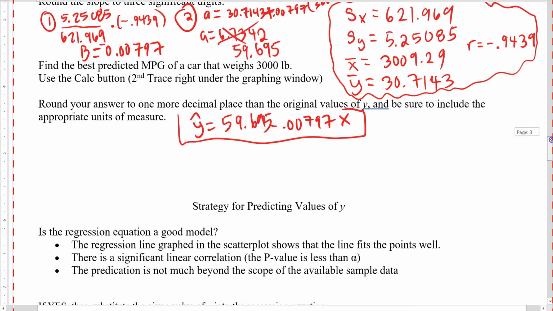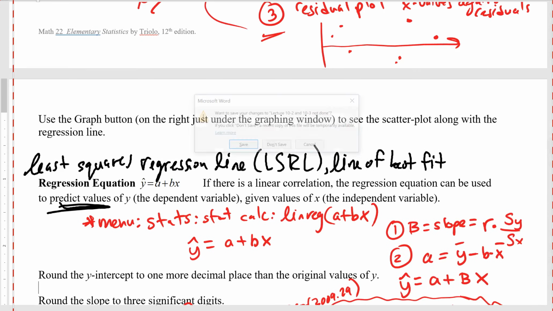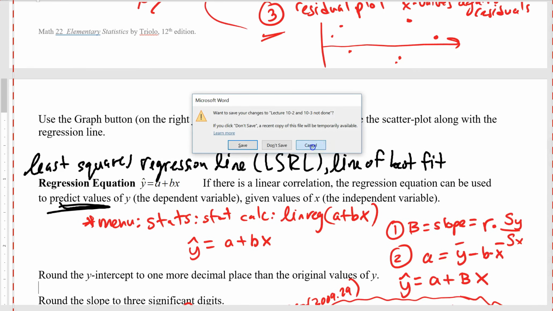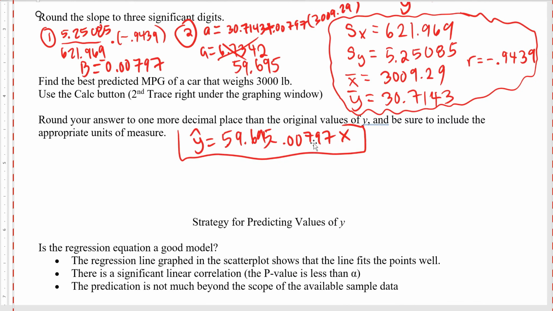But what can we do with this line? Well, if it's a good linear model, and we already decided that it was, then I can basically use it to predict. And that's the last thing they're asking us to do, is they're saying at 3,000 pounds, if you have a 3,000 pound car, what would you predict the miles per gallon to be?